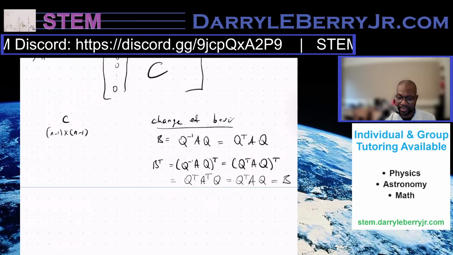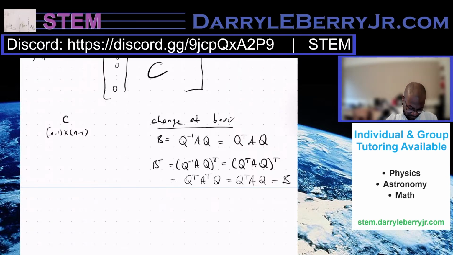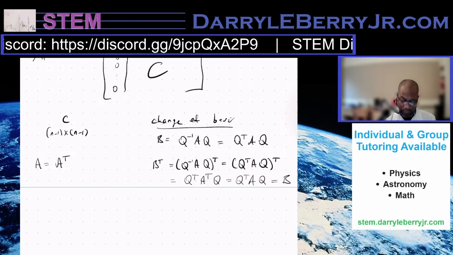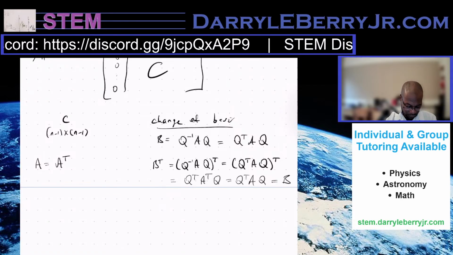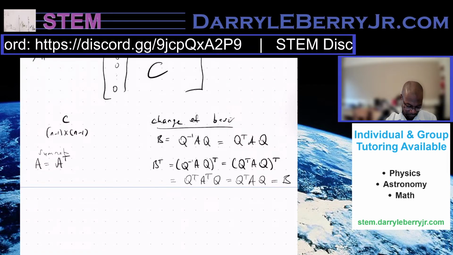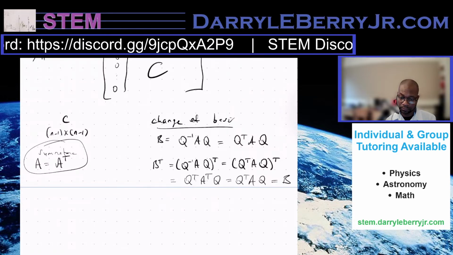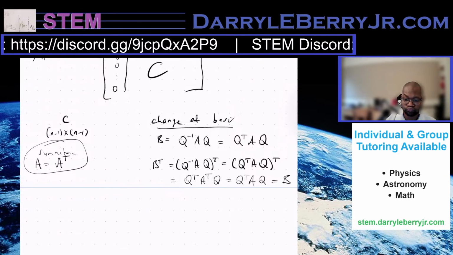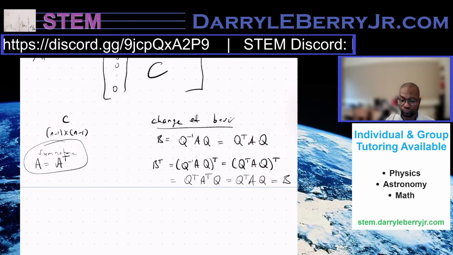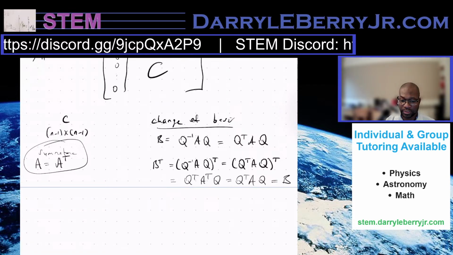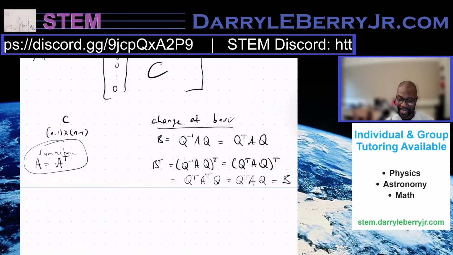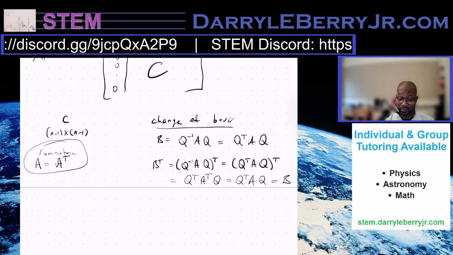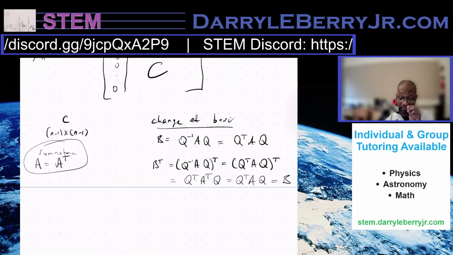So since B is symmetric, A equals A transpose. Since B is symmetric, we deduce that the entries asterisk are all zeros and that C is likewise symmetric in R^(n minus 1).